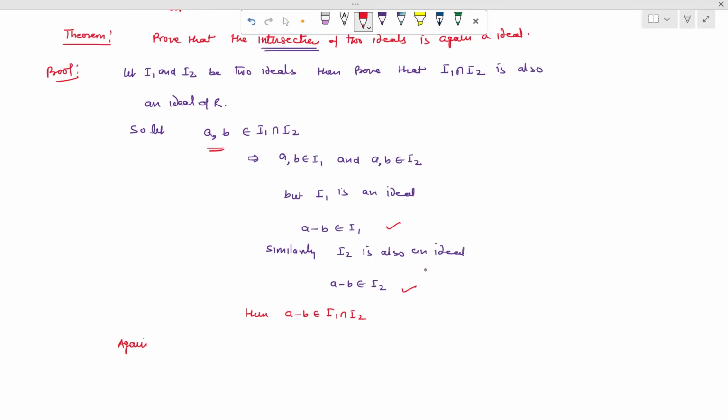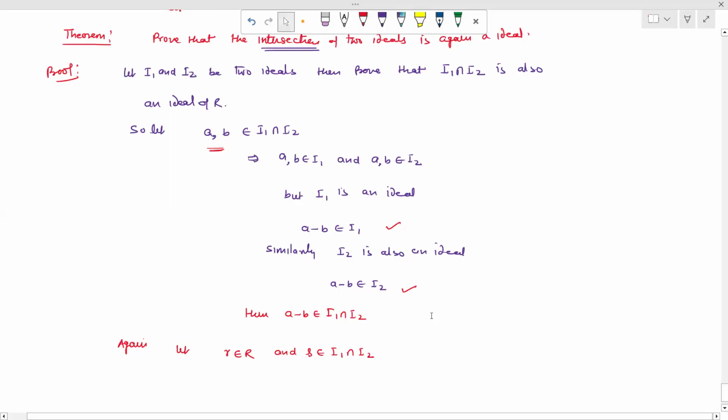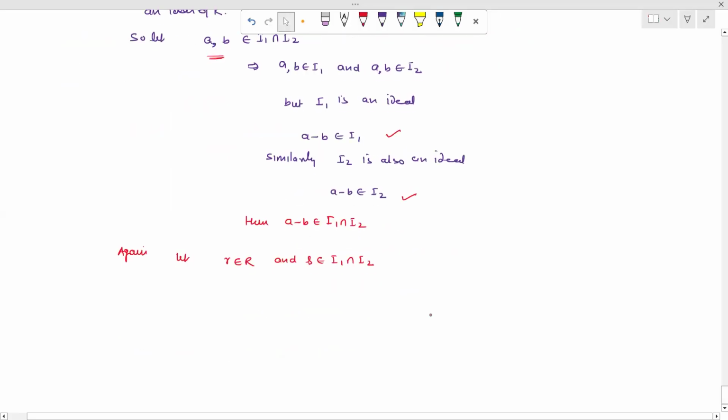So again we assume that small r belongs to ring R and small s belongs to I1 intersection I2. I1 intersection I2 is a subset of R. So now we can write s belongs to I1 and s belongs to I2.